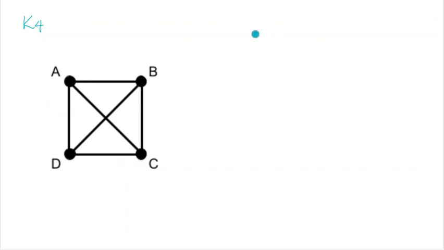So one Hamilton circuit would be A, B, C, D, A. But why did I choose to start at vertex A? Just because it's the first letter in the alphabet? What if I started at vertex B and went B, C, D, A, B?